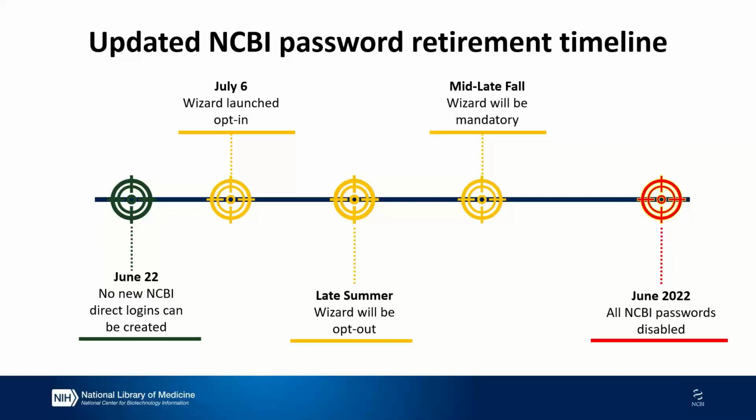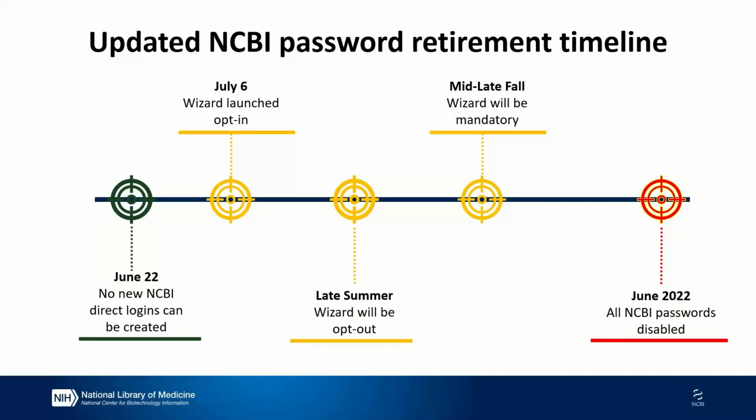Mid to late fall, though, we will be making the wizard mandatory. So that means that when you log in, you'll be shown the wizard. You'll have to go through and retire your password before you'll be able to access your My NCBI account. And then in June 2022, any accounts that have active passwords, those passwords will be disabled.